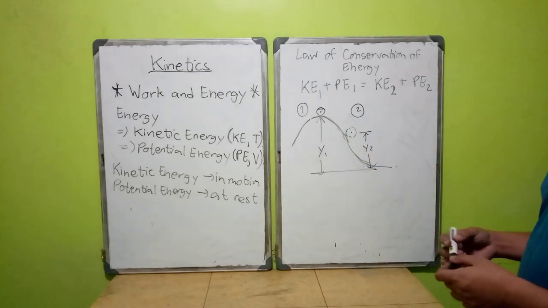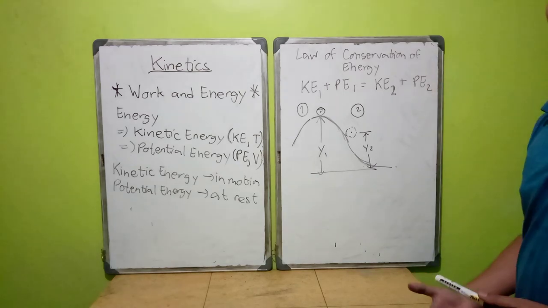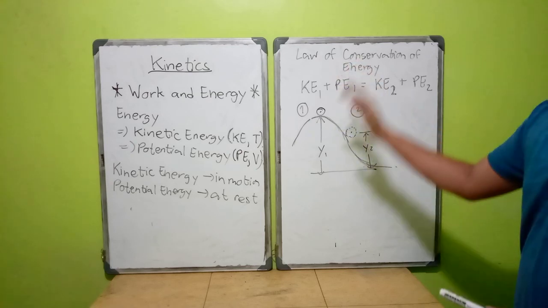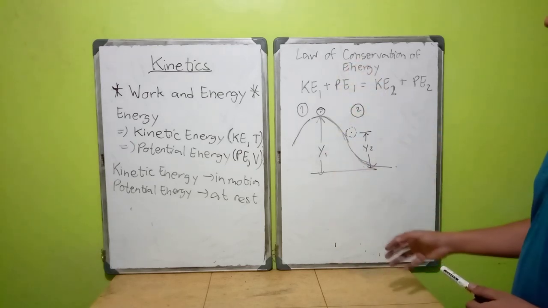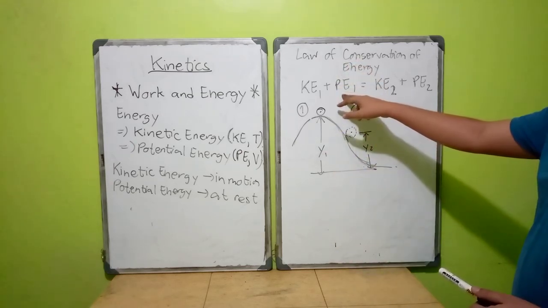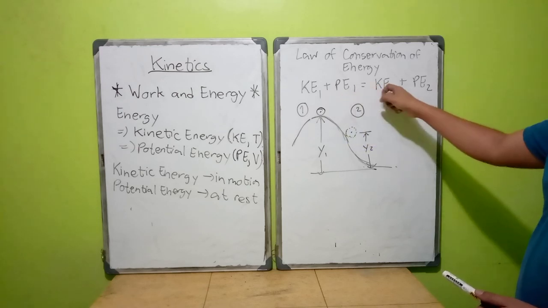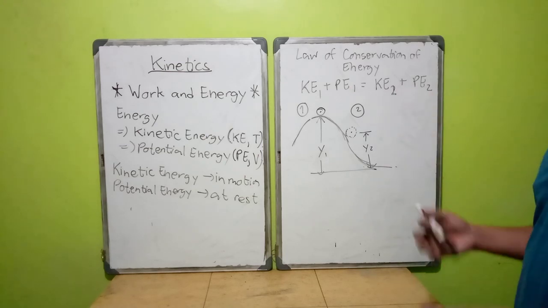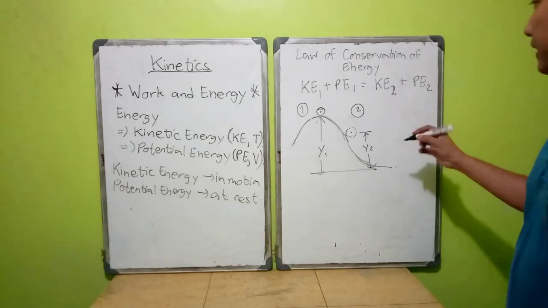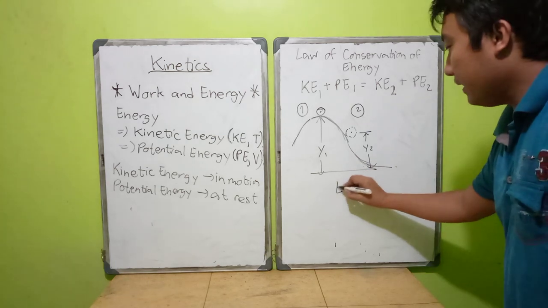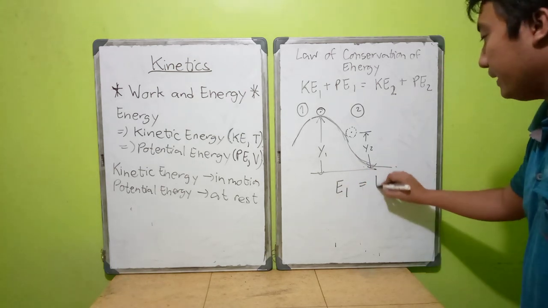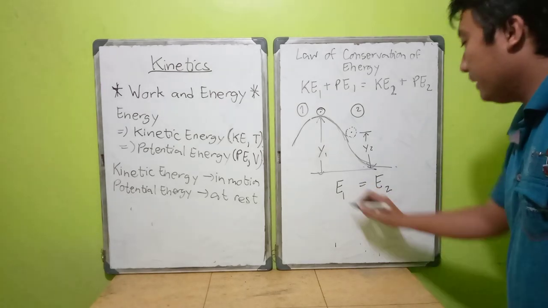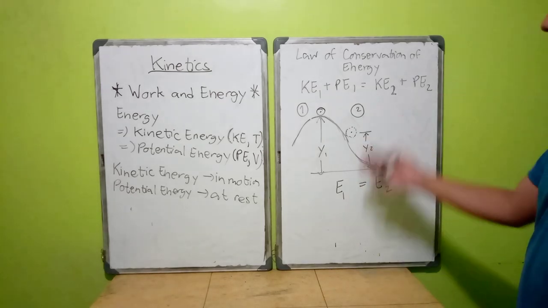According to the law of conservation of energy, if you add your kinetic energy and potential energy at any moment, it will be equivalent to its final sum of kinetic and potential energy. Meaning, energy 1 will be equal to energy 2 at any time.